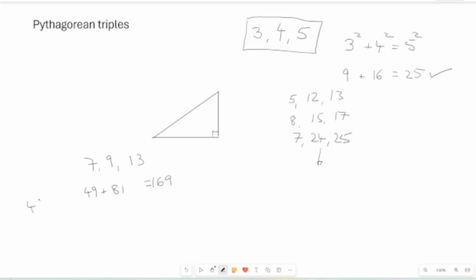And if we add 49 and 81, we get 9 and 1 is 10, carry 1. 8 and 4 is 12, and 1 is 13. We get 130. And 130 does not equal 169. So that means this triangle, the 7, 9, 13 triangle, is not a right-angled triangle.